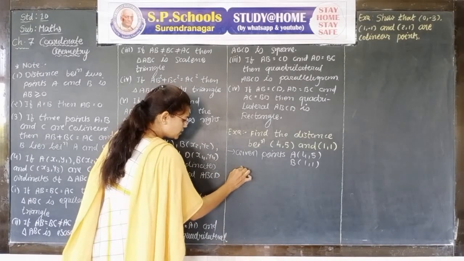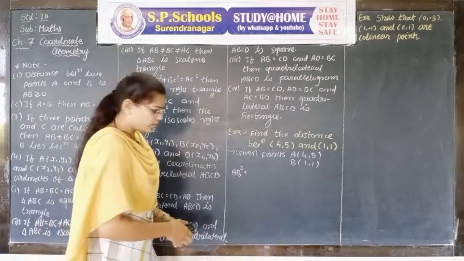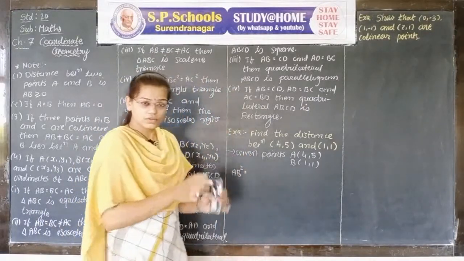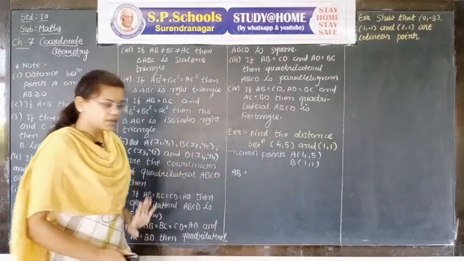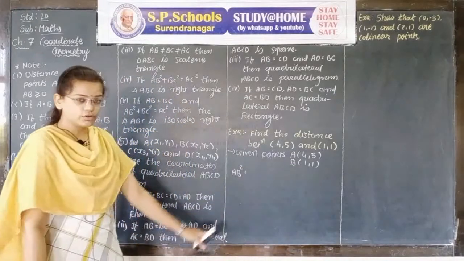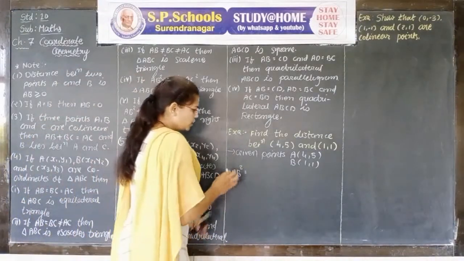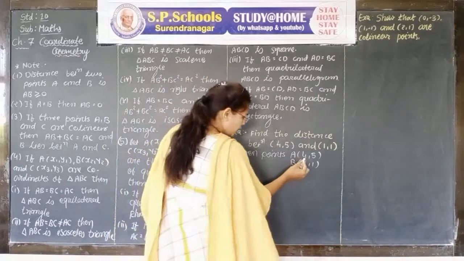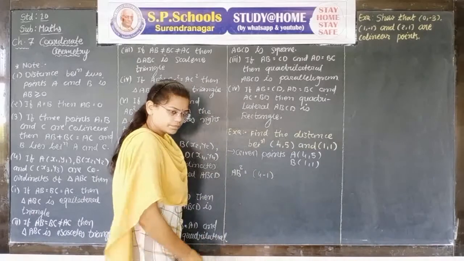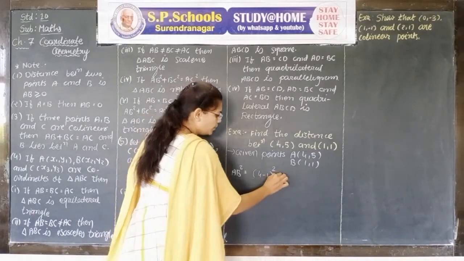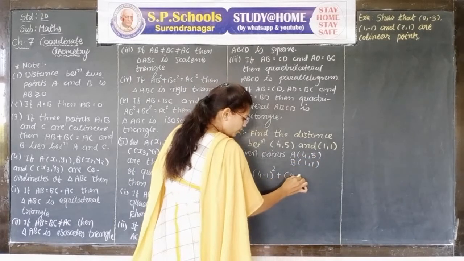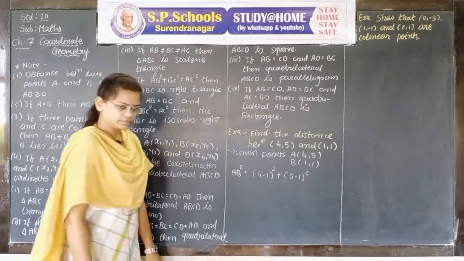AB is the distance, but first we need to find AB square. Why AB square? In each and every step we don't write a square root, square root, square root. That's why instead of AB, first we find AB square, and at last we find the square root of a number. Keep in mind, in word form: take the difference of x coordinates, 4 minus 1 whole square, compulsory plus the difference of y coordinates, 5 minus 1 whole square.